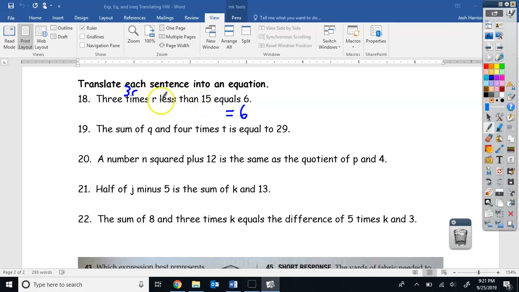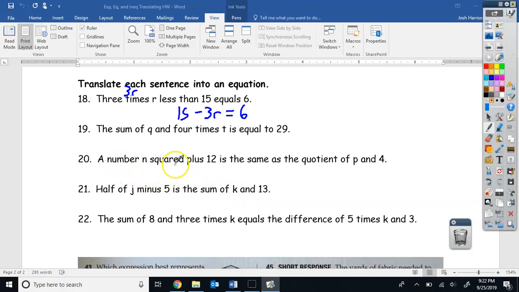It says 3r less than 15, which means you're taking 15 and you're subtracting 3r from it. You have that much less than 15 that was originally there. It's kind of like saying 15 is your beginning amount here, and you're taking away that 3r because you want 3r less than the 15 you started with. Equals 6.